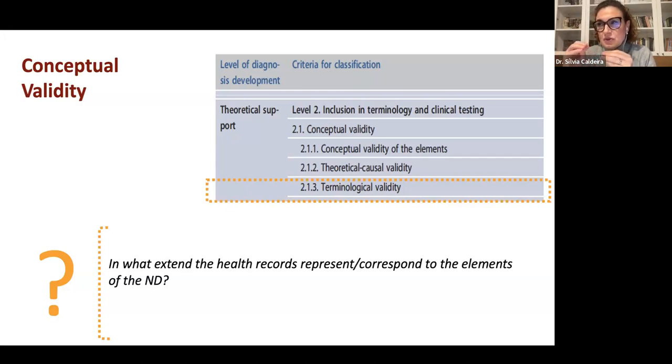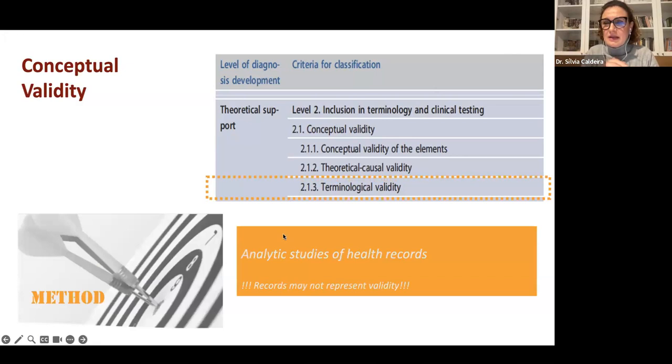We are moving to what nurses often record about the nursing diagnosis that should be considered when designing or developing the nursing diagnosis.